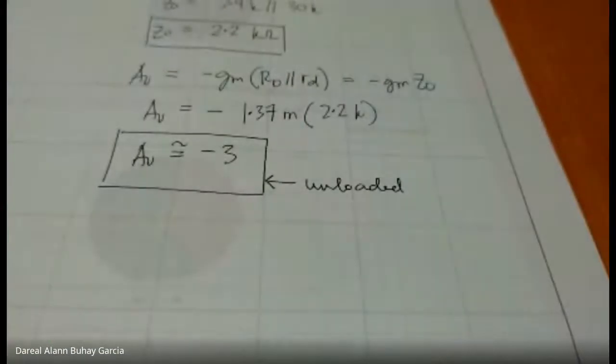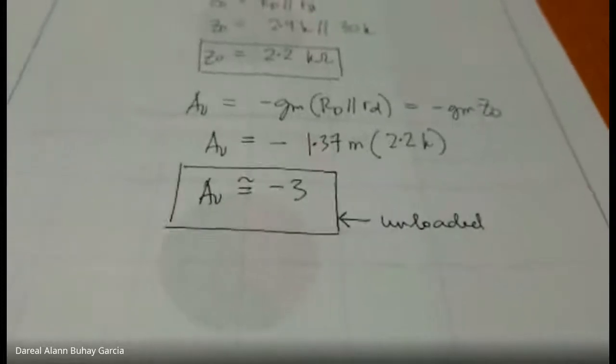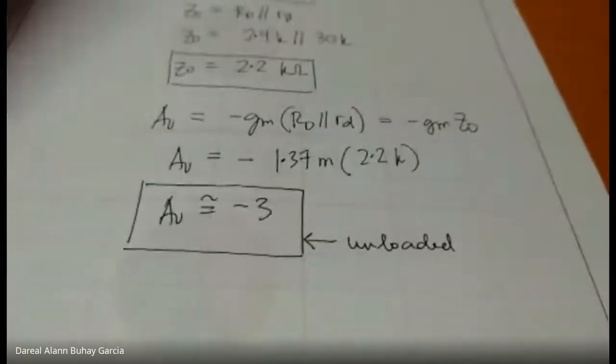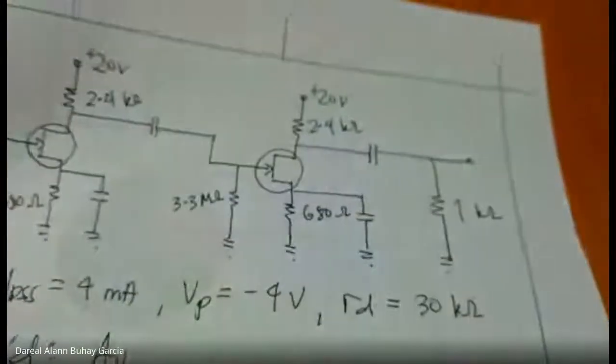Remember, this is still unloaded. Now, considering the load of 1K, the loaded voltage gain will be different. Output impedance and the load they see are different.